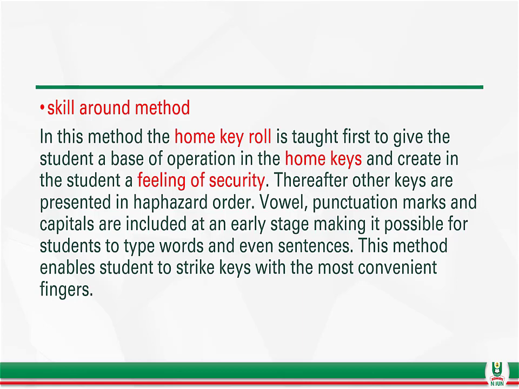No, you start with the home keys, then gradually they will start using the other keys, like vowel keys, punctuation keys, capital keys, and all the rest. By starting with the home key row, you are giving them that feeling of security.